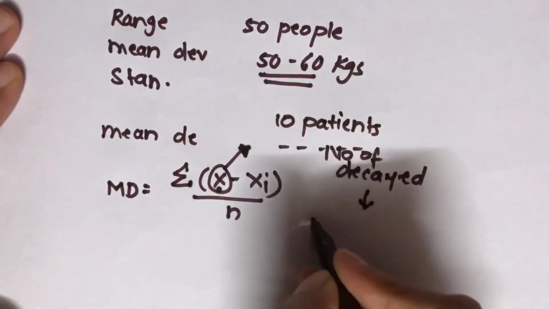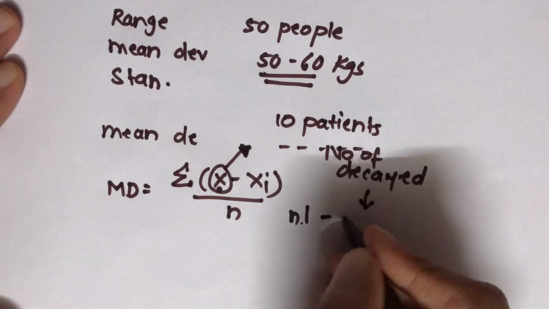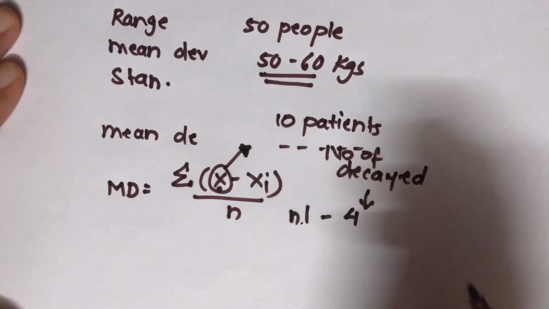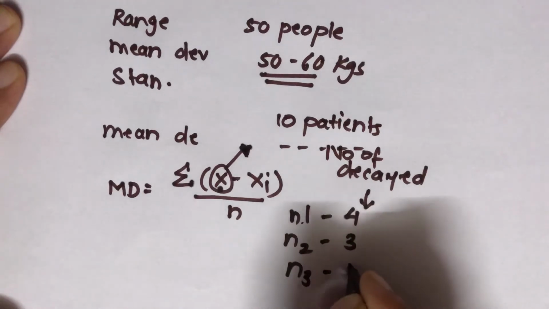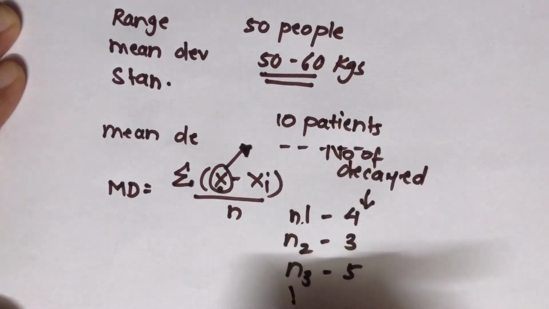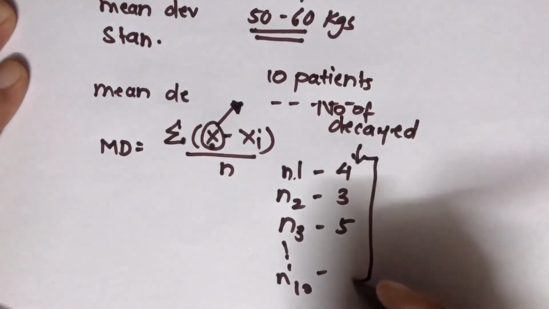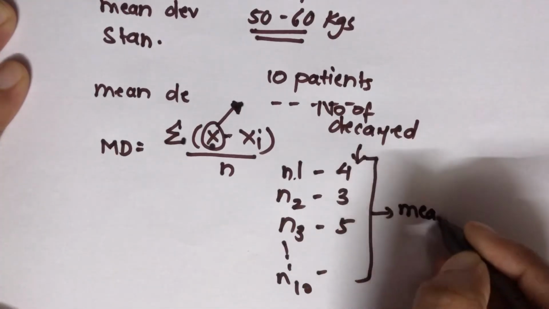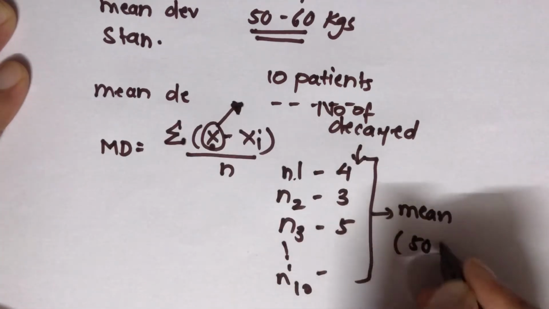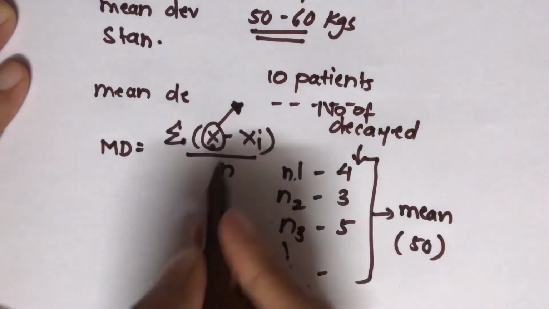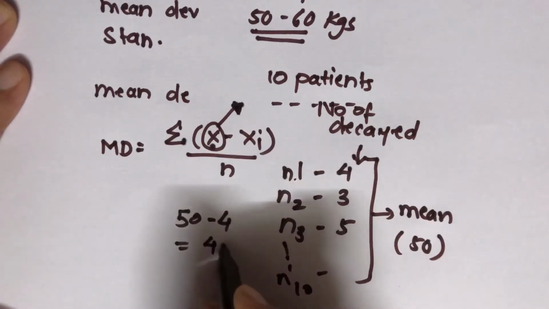For example, the first patient N1 has 4 decayed teeth, N2 has 3, N3 has 5, and so on till N10. After that you calculate the mean. For example, if you got the mean as 50, then 50 minus 4 is your 46.